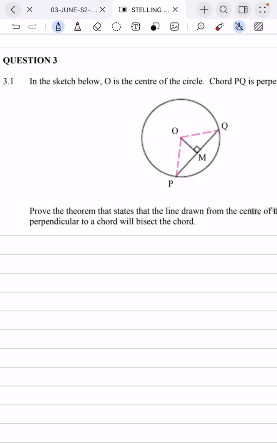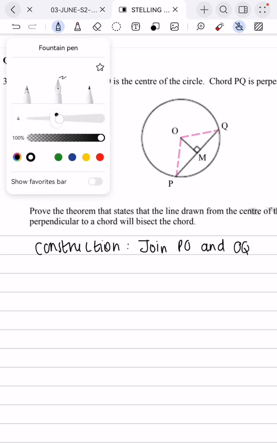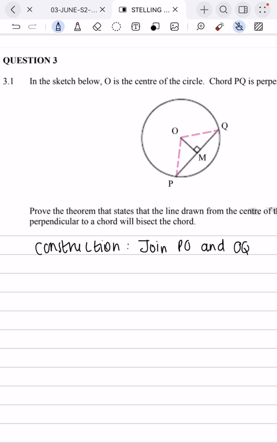Okay, so no construction means no marks. And then you say, this is the construction. Join PO and OQ. Good. So that's the first step.